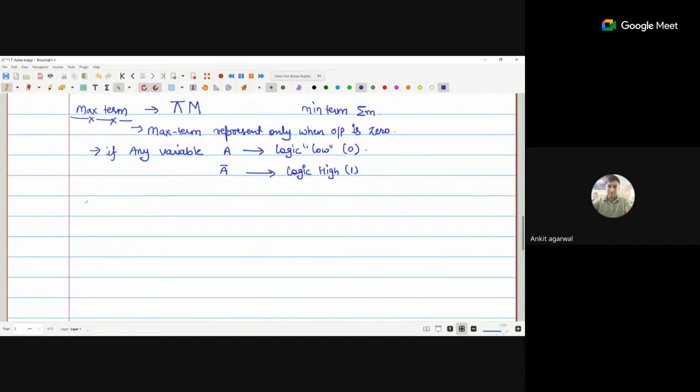Now again we are taking the example of the XOR gate. A, B and Y: 0 0 0, 0 1 1, 1 0 1, 1 1 0. So the min term is defined for these two, and the max term is defined for these two.